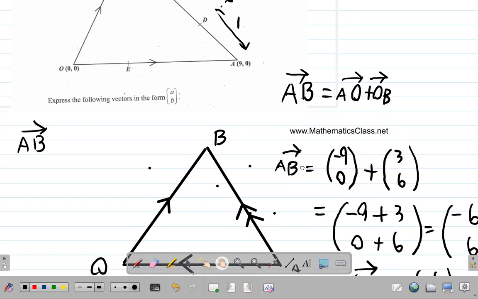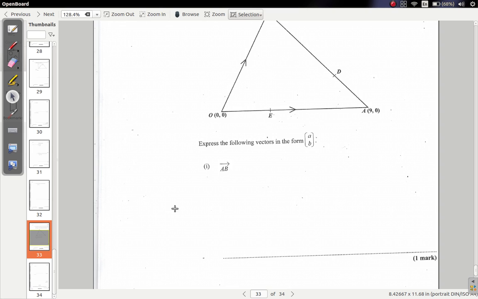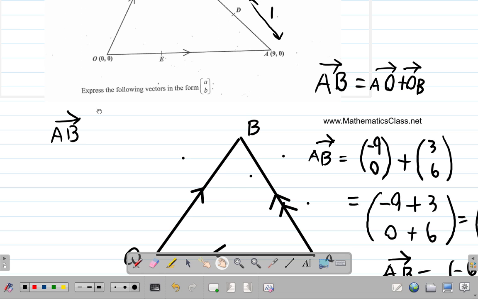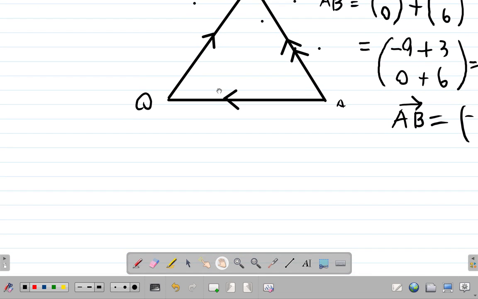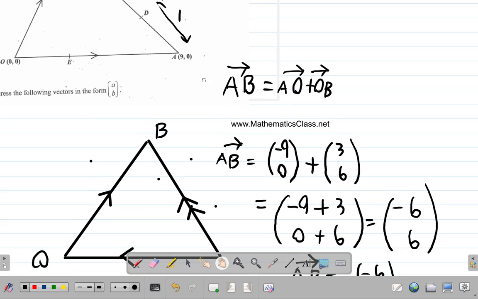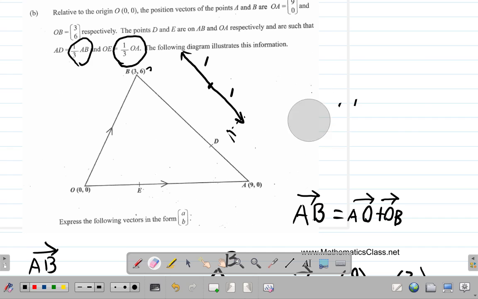Now, the next part of the question. OD. I'm going to erase some of the working here. We know that AB is (-6, 6). Let me make a note of it up here. AB equals (-6, 6).